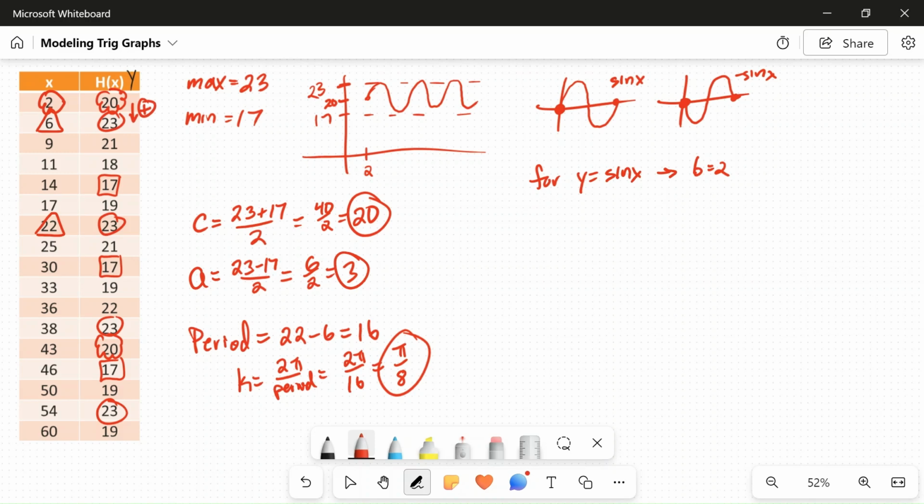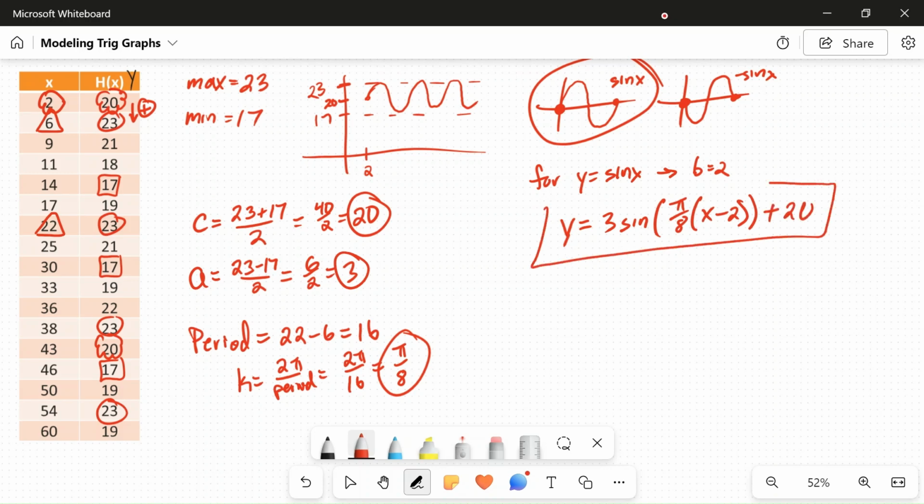Okay, it's going from 20 to 23. So that's what I'm seeing here. I'm going from the midline of the graph upwards towards the maximum. Okay, so I want to use the positive value. So my sine equation is going to be y equals 3 sine of pi over 8 times the quantity of x minus 2, and then all of that plus 20.